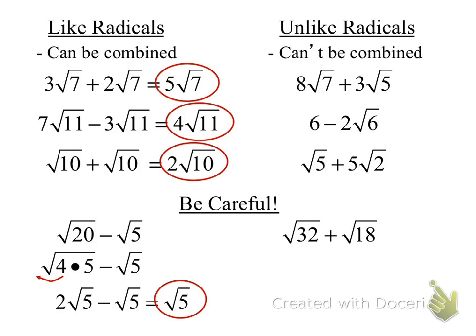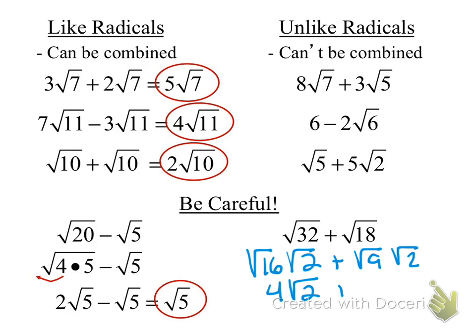So radical 16 times radical 2 is 4 radical 2. Plus 18 breaks down to 9 times radical 2. So that becomes plus 3 radical 2. And what does that simplify to? 7 radical 2.